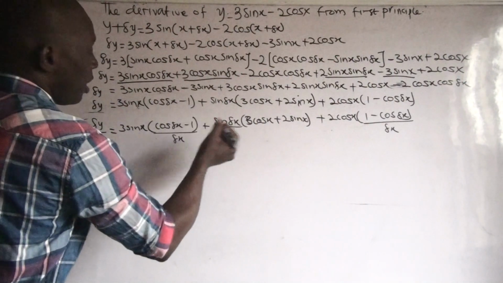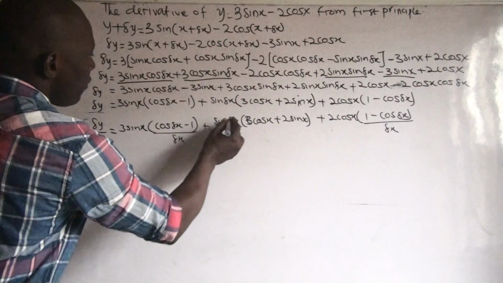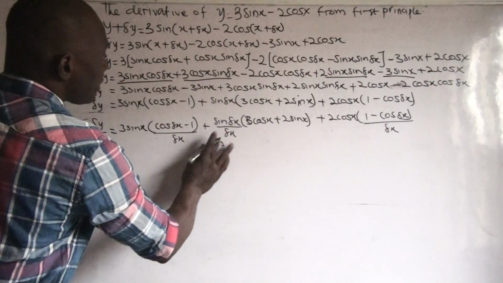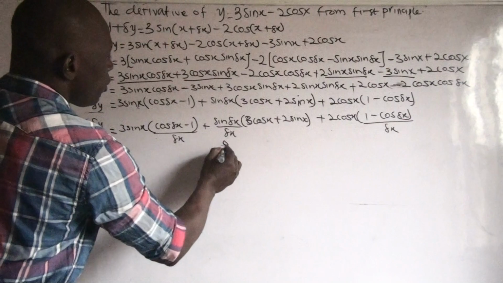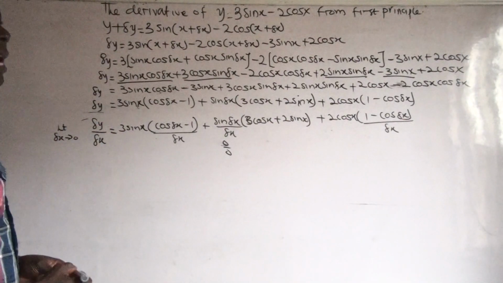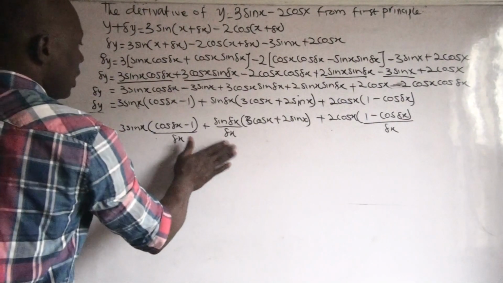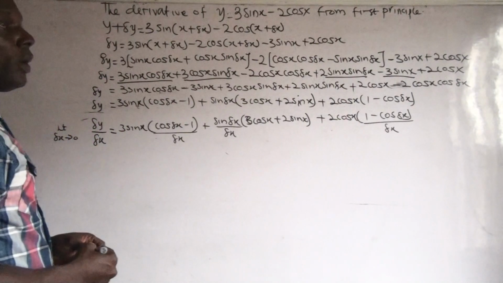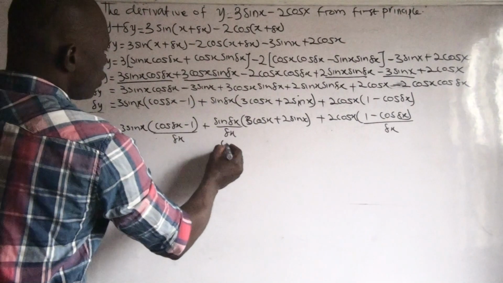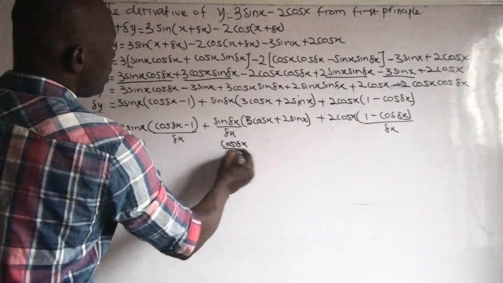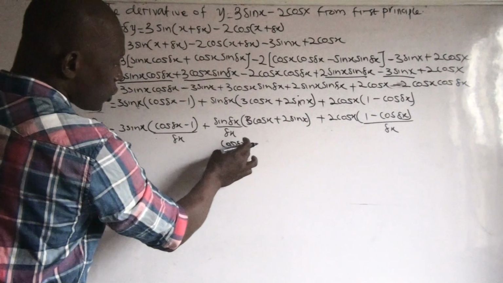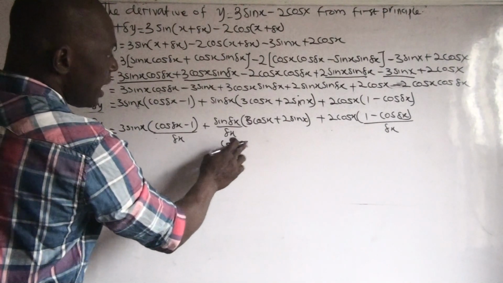If we put this in here, sin 0 is 0, so this is 0 over 0, the indeterminate form. If we apply L'Hopital's rule, differentiating the numerator gives cos delta x and differentiating the denominator gives 1, and cos 0 is 1.